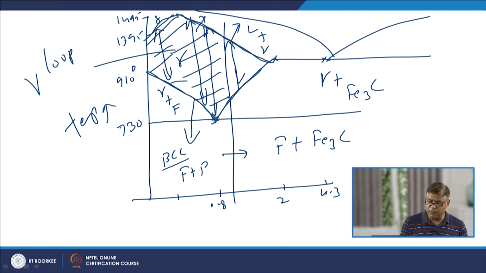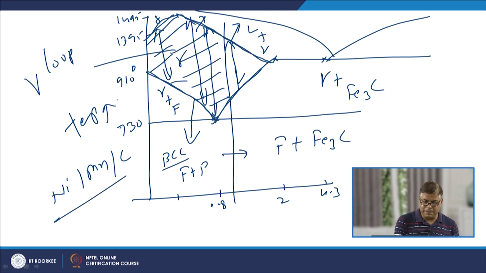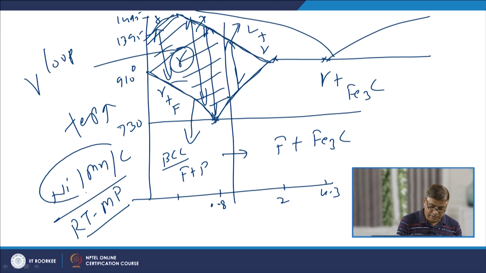There are a few elements like nickel, manganese, carbon, which tend to stabilize the gamma phase by moving these boundaries up and down, and accordingly the gamma phase will be present from room temperature to the melting point as per the percentage of these alloying elements.